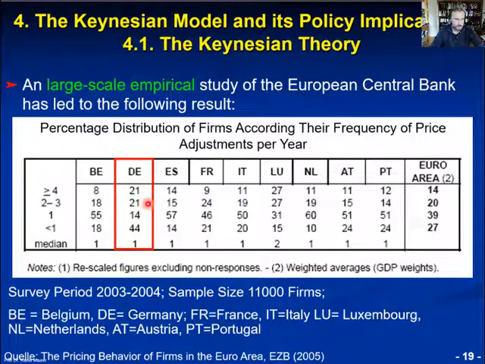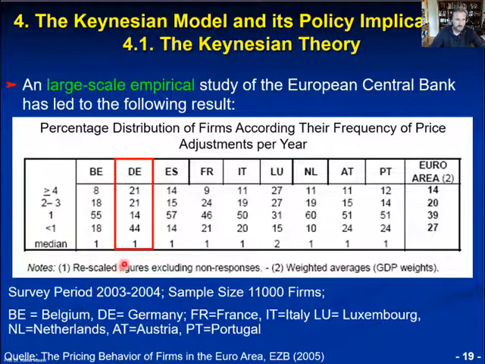Another 21% adjust their prices between 2 and 3 times a year. 14% reported a price adjustment of 1 time per year, while an astonishingly large number of 44% said to adjust prices less often than 1 time per year.